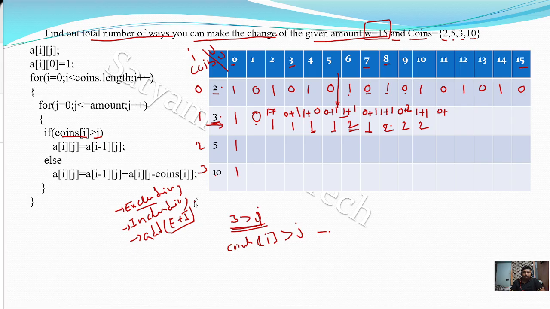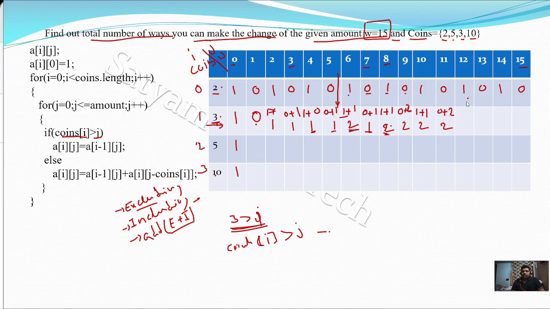So for example including this coin, 11 minus 3, that is 8. So in this column you can see here it is 2, so you can take that 2. Okay, then it is 2 ways.